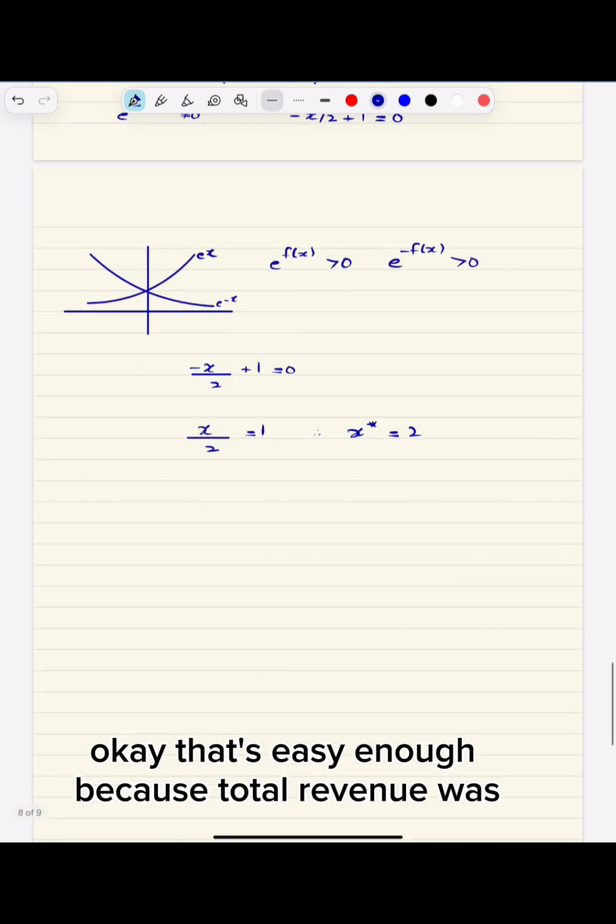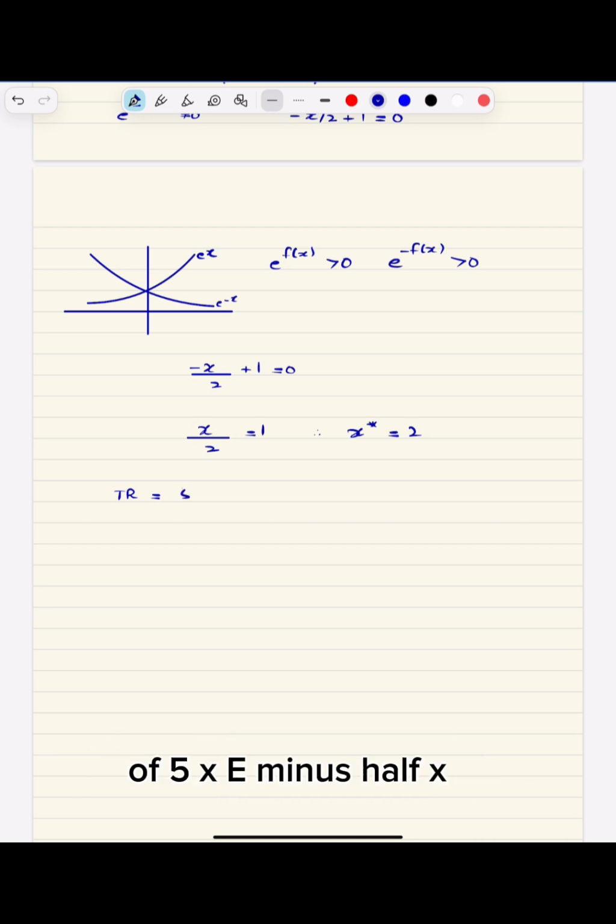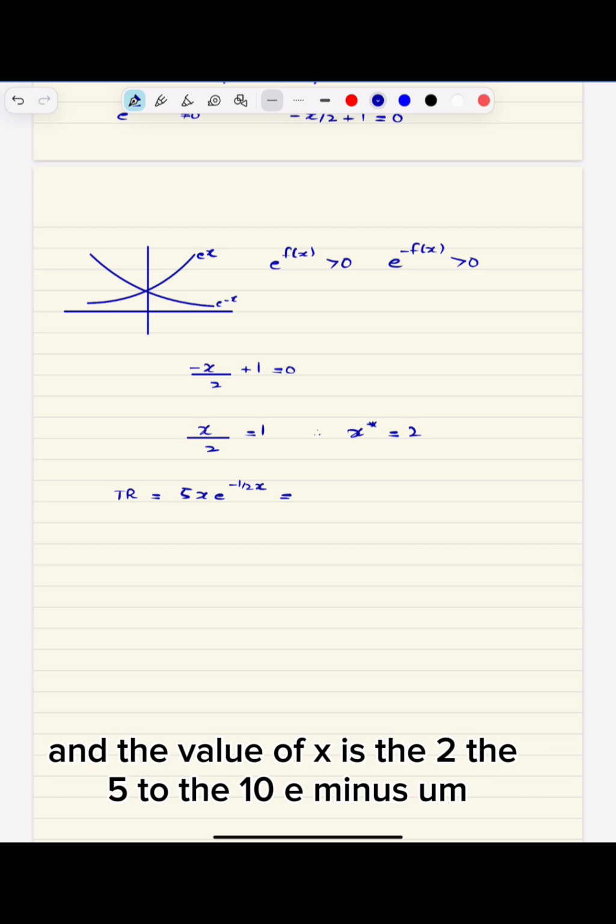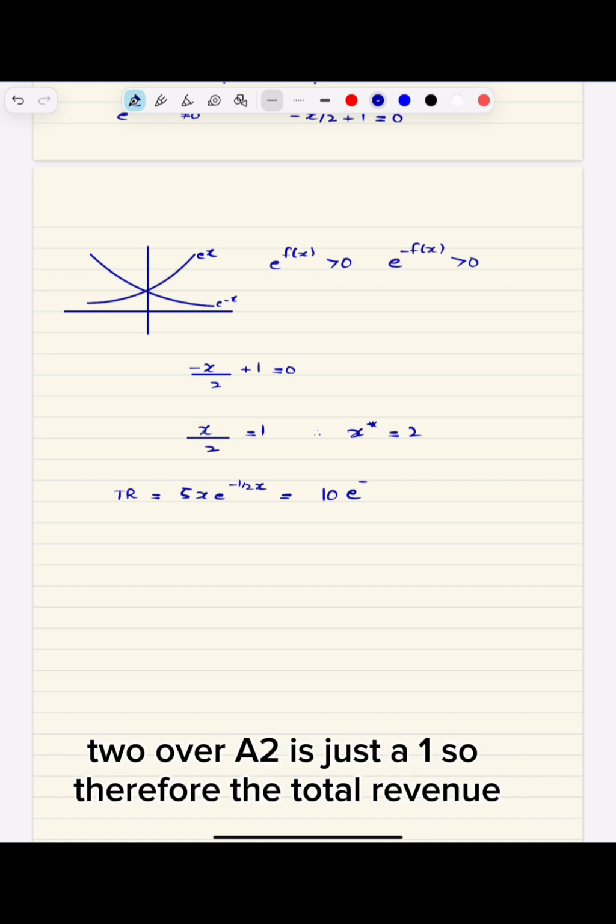Okay, that's easy enough, because total revenue was 5x e to the minus half x, and the value of x is 2, so 5 twos are 10. e to the minus 2 over 2 is just 1.